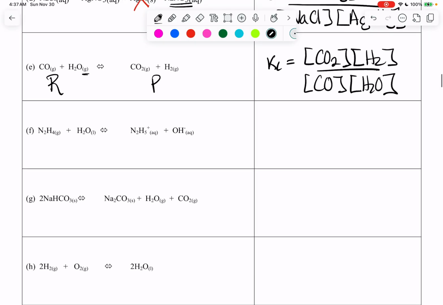We're including this because water is in its gaseous state. Recall, I don't have to include liquids in my equilibrium law expression. So again, reactants, again, products, I'm crossing out water. So here Kc is equal to N2H4 concentration. It has no coefficient, so we're just assuming to the power of 1.